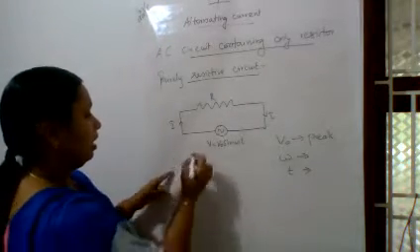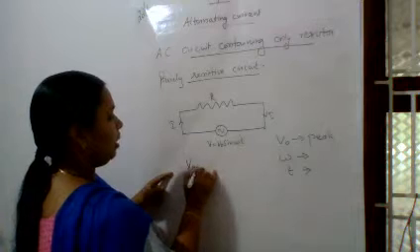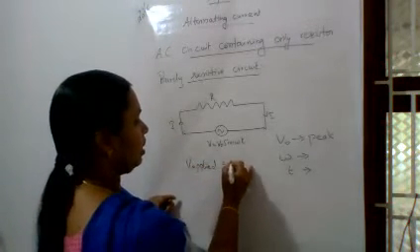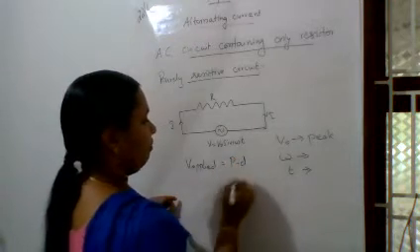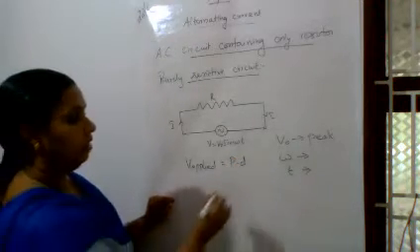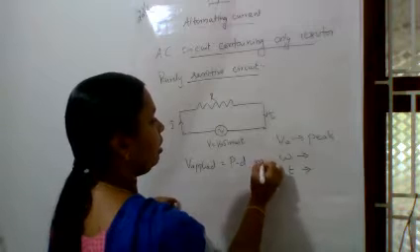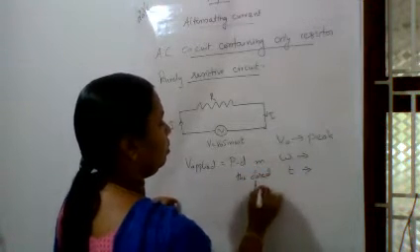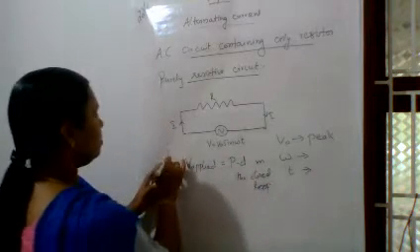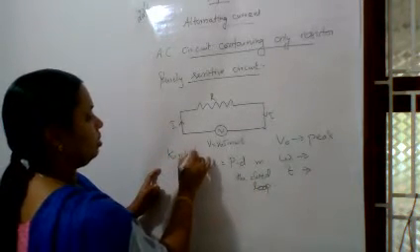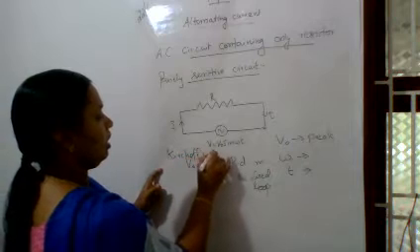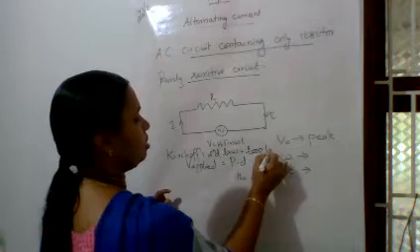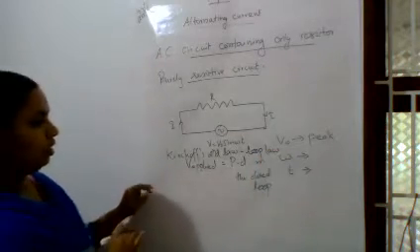The applied voltage will be equal to the sum of the potential differences in the closed loop. That is Kirchhoff's second law, also known as Kirchhoff's loop law.